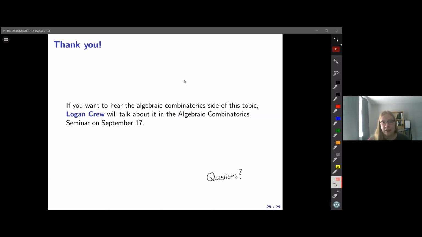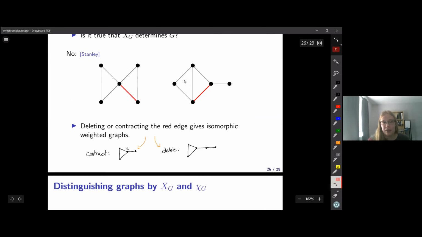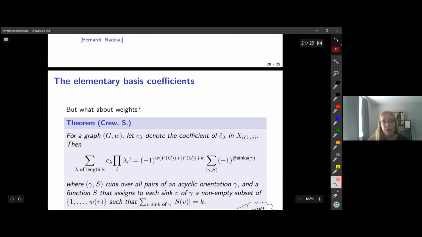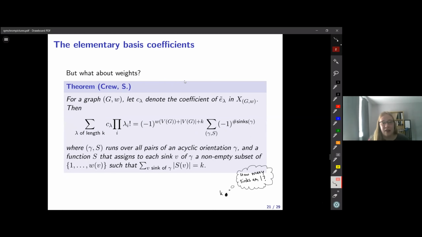And somebody asked how the number of sinks is defined. Instead of counting acyclic orientations, we count pairs of an acyclic orientation and a map S, where S assigns to each sink a non-empty subset of the set 1 up to the weight of the sink.